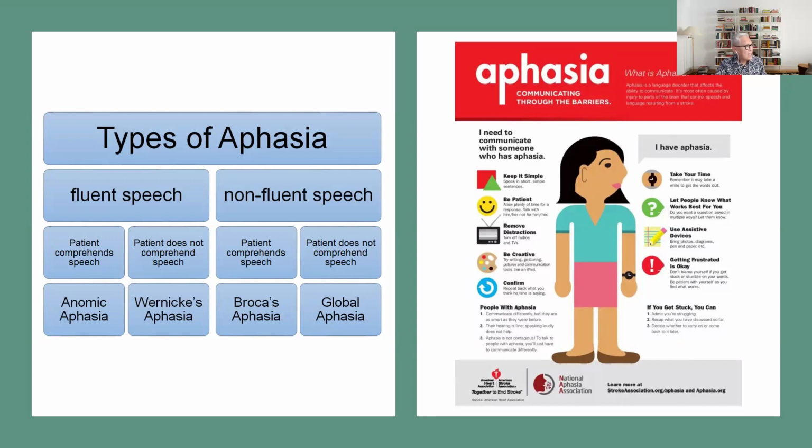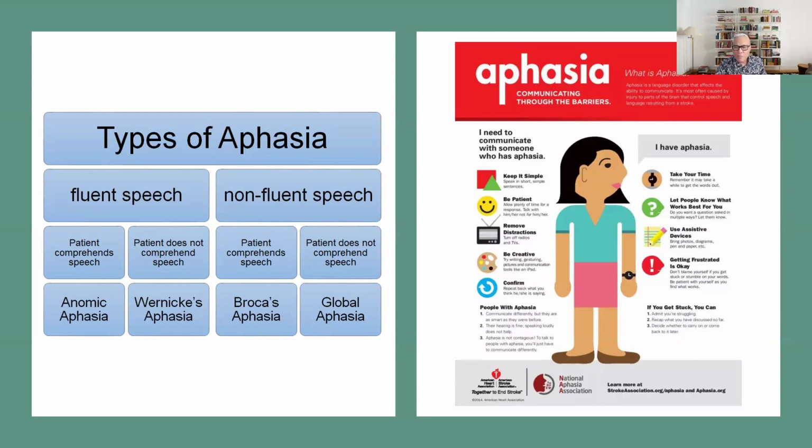In Wernicke's aphasia, the patient does not comprehend the speech, and therefore they might be talking, but it doesn't make any sense. So that's the difference between Wernicke's and Broca's aphasia.